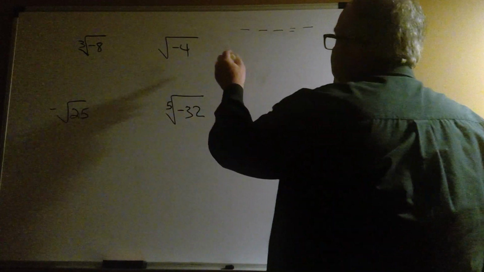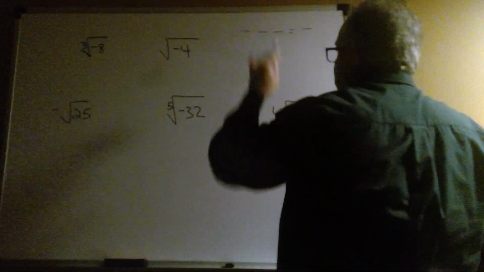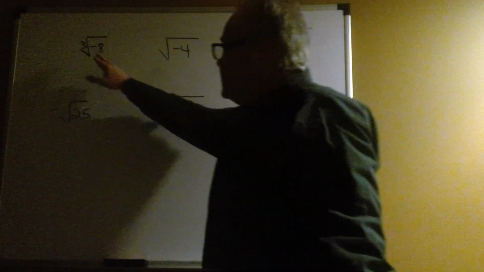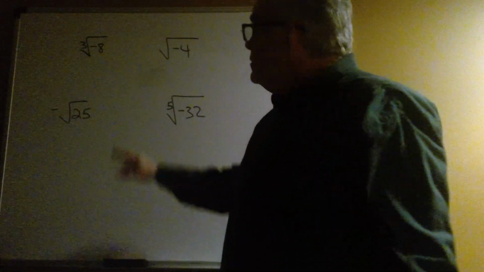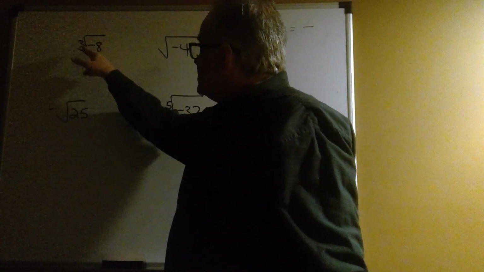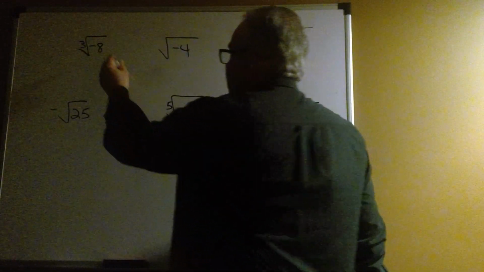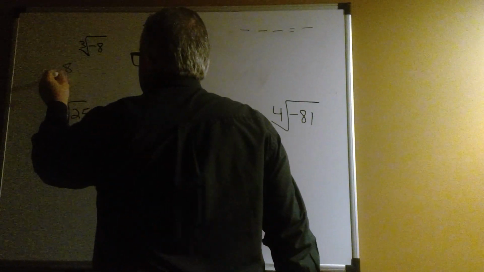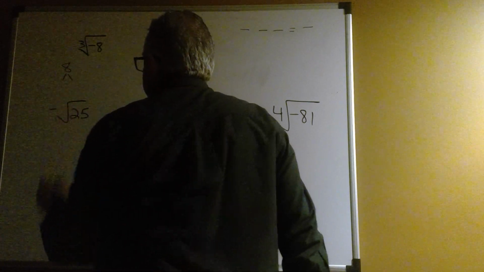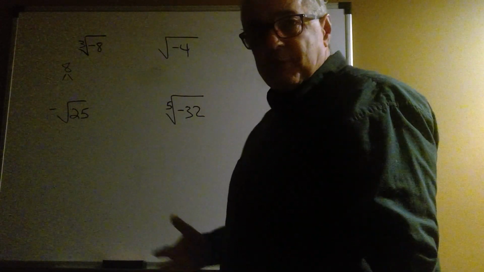They have to all be negative for me to get negative 8. So if I'm looking at this, I want to know what is the cube root of negative 8. So I want to take the 8 and I want to do my breakdown, my tree branches, which is really a lot of fun.